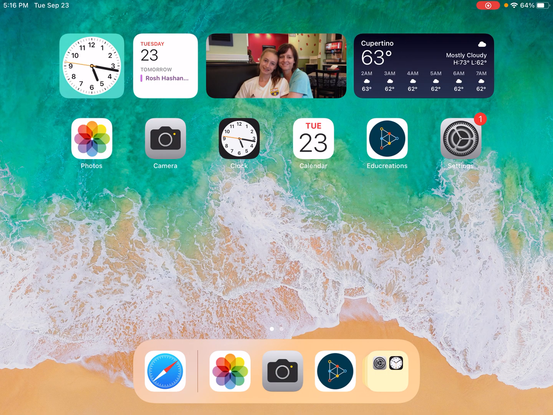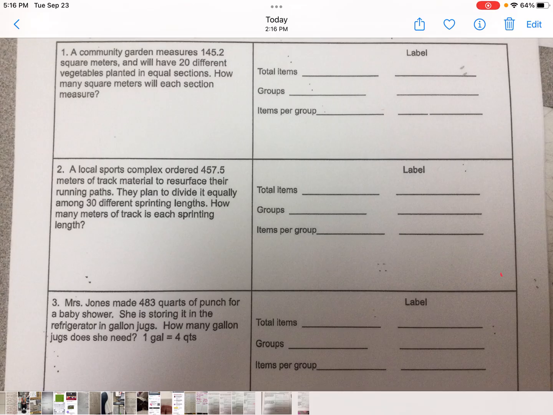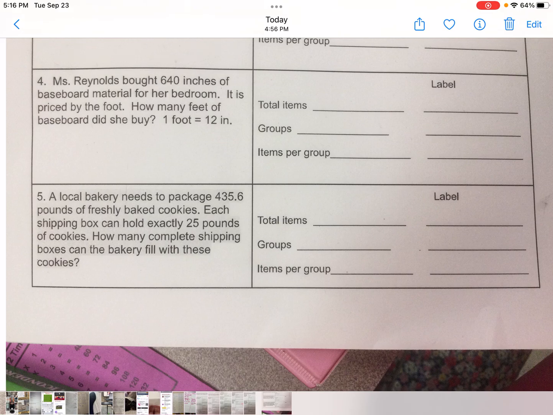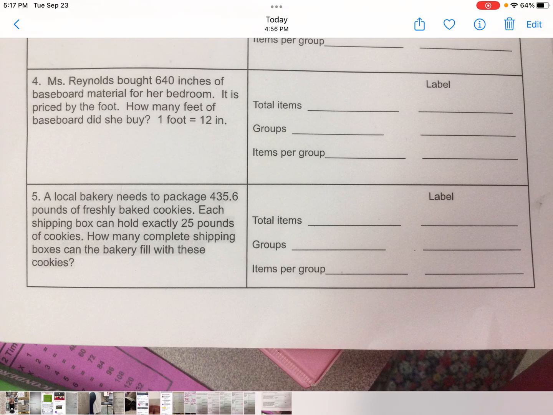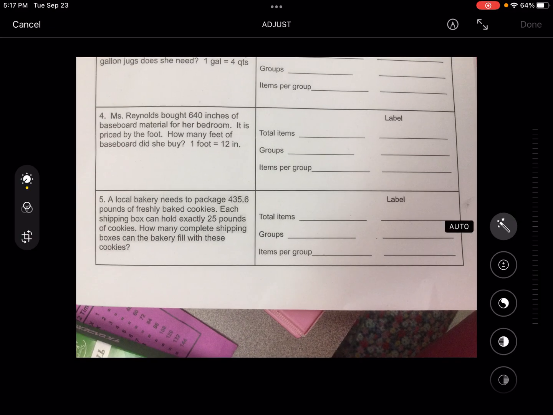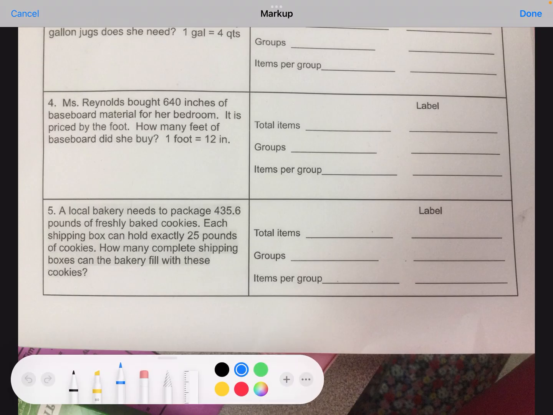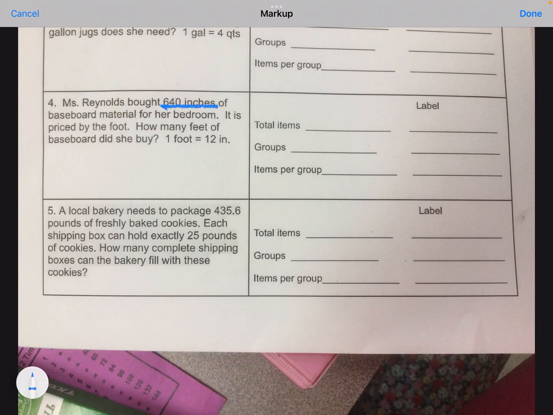Okay, so let's go back over to the pictures here where we were writing. Not that picture. This picture, yes. So right here where it says how many feet did I buy? I apologize, y'all. Where it says how many feet did she buy, I had to have all those inches.